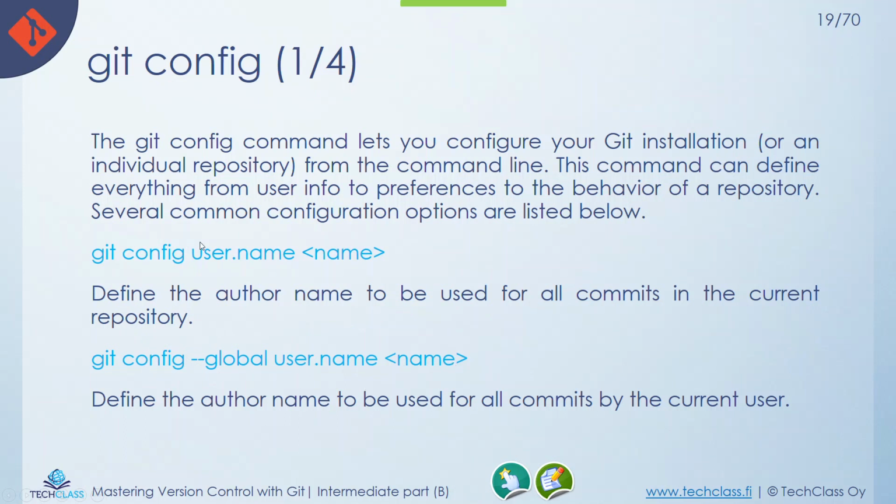So these definitions and configurations are very important, because later everyone in the project can see who did the changes. This is the way you define your username. In most cases, it's created by default, especially if you're using your own credentials, whether it's GitHub or different kinds of systems. But it's nice to know that with these commands, you can define those configurations as well.